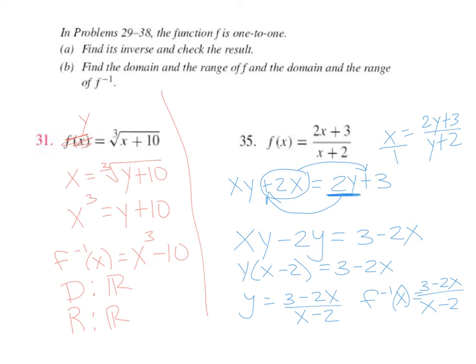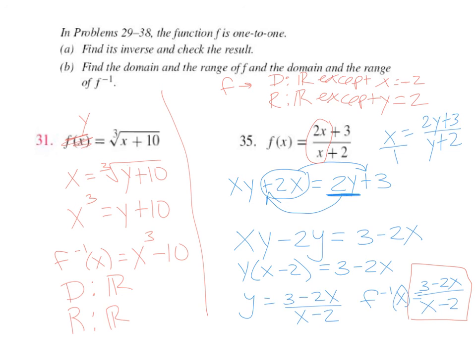So for the original function f, our domain was all real numbers except x equals -2. And our range, remember we divide our x's, all real numbers except y equals 2. Now, if you look at the inverse function down here, it's kind of nice.